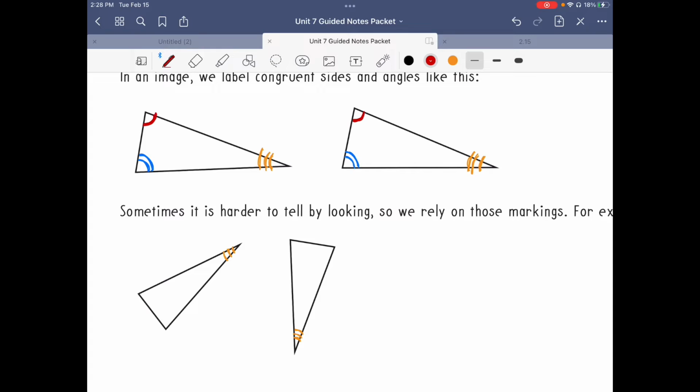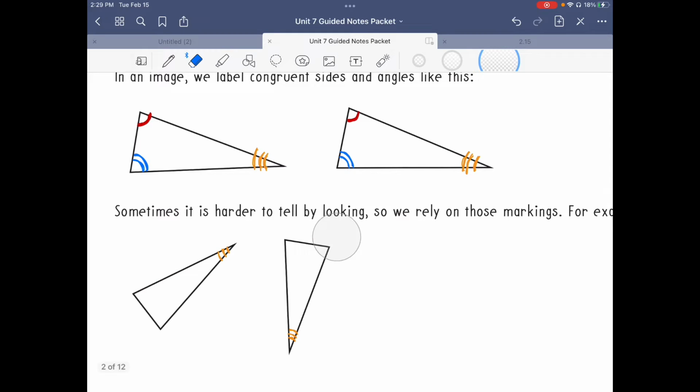So the red one, see if you can figure out which angles would correspond with the red angle in these two triangles. See if you can figure it out and go ahead and mark it. It is this one on that triangle and this one on that triangle.